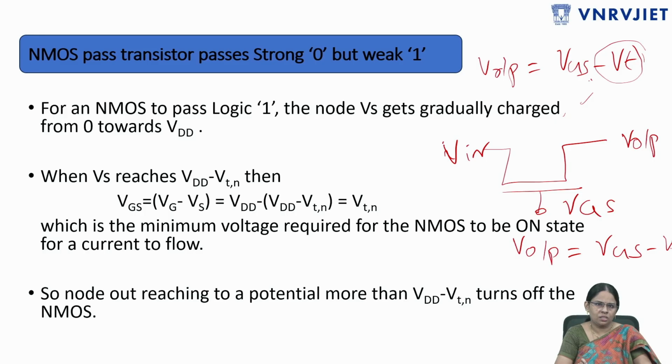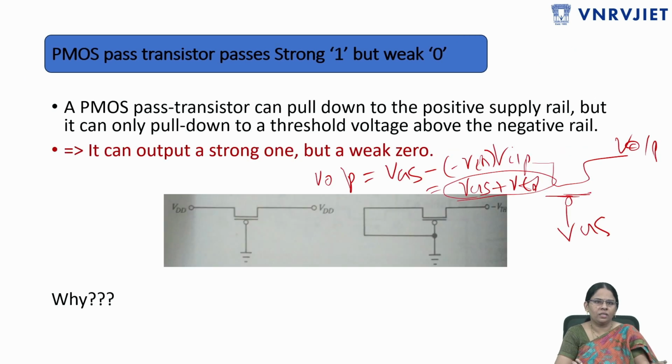These are the conditions to consider when using pass transistors. If you implement any circuit with NMOS pass transistors, you should compromise on logic 1. If you implement any circuit with PMOS transistors, you should compromise on the weak 0.